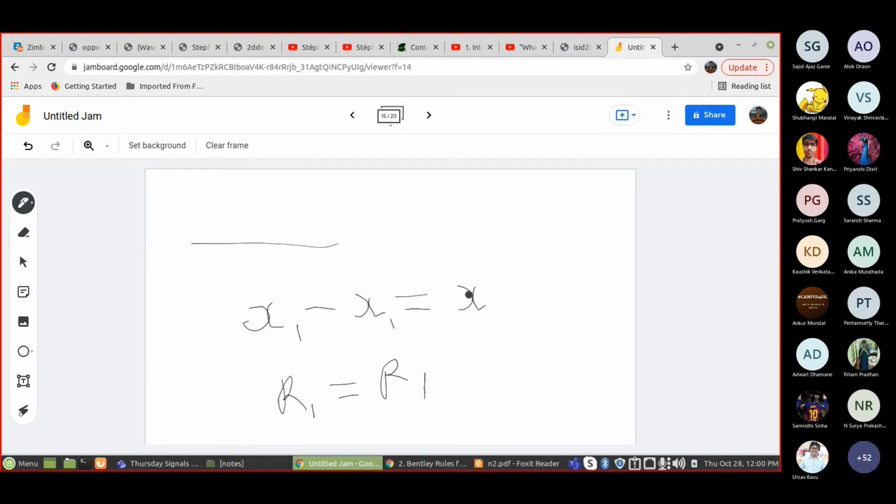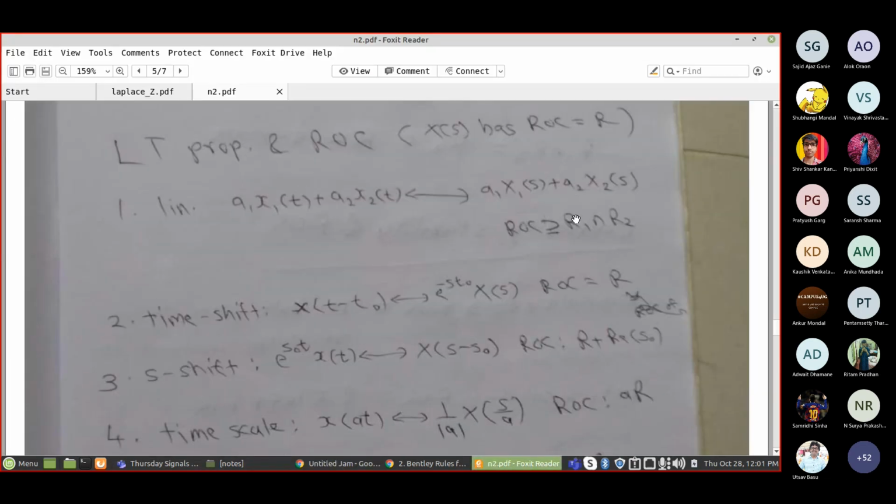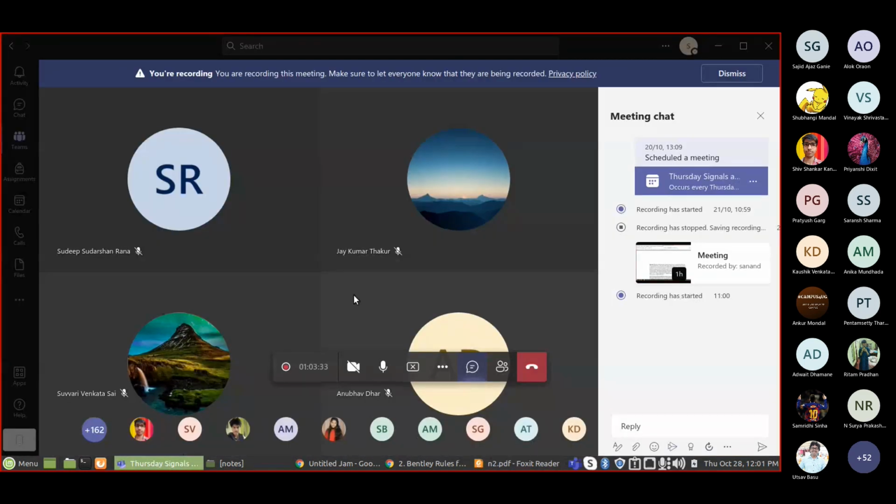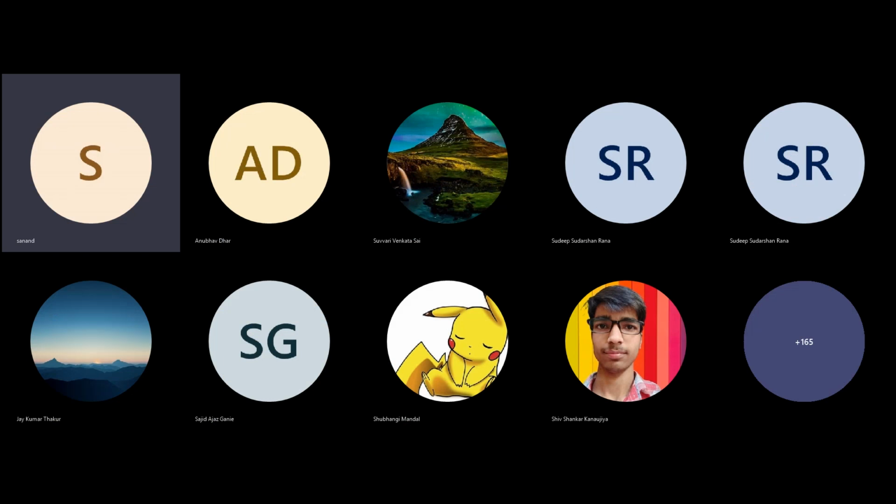But since this is 0, its Laplace transform is 0, and the ROC is the entire complex plane. This is a trivial example, but one of you has given another example also. All of you can see. Okay, let us stop at that. I'm here for questions for a minute or two, but you can leave. The class is done. Thanks for attending. Thank you, sir.